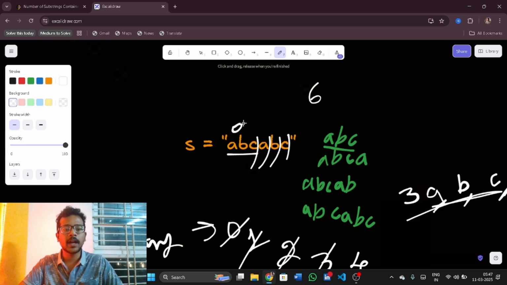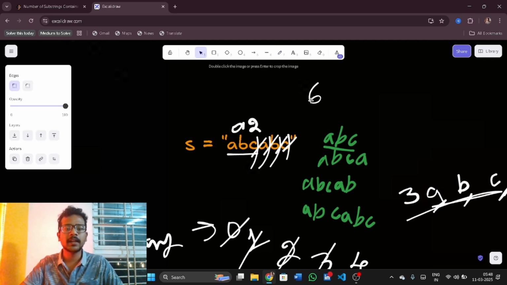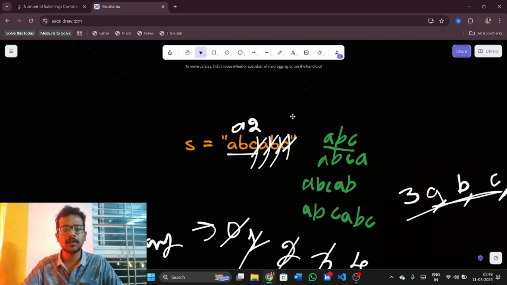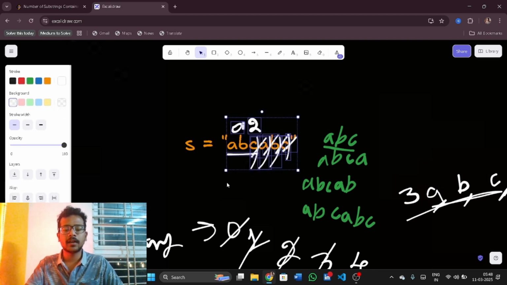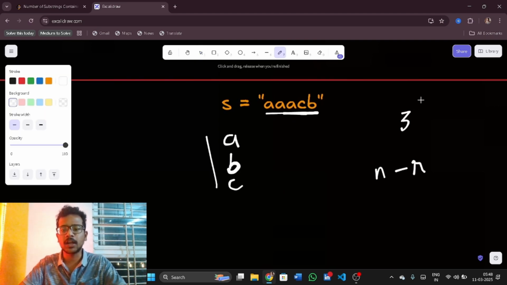Now the right pointer is at 2, so 6 minus 2 will give me 4 substrings. This is one substring, this is one substring, this is the third, this is the fourth substring. So that's why I'll take n minus r whenever the MP size, or the frequency map size, is equal to 3. Now n minus r will be added to my answer.